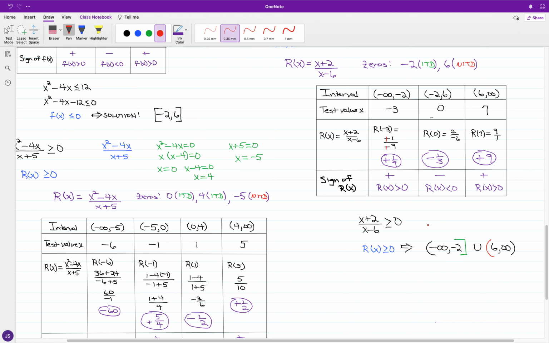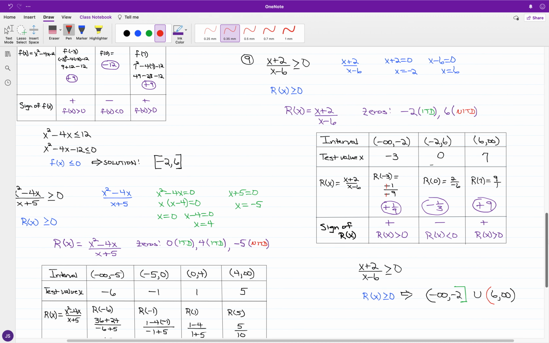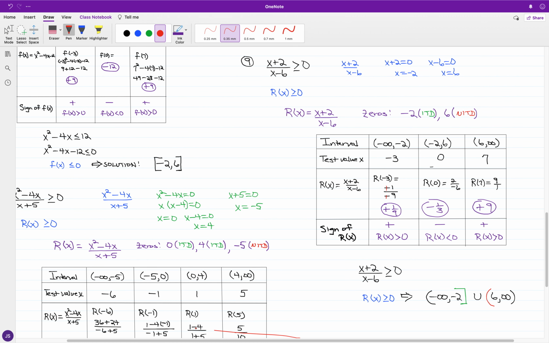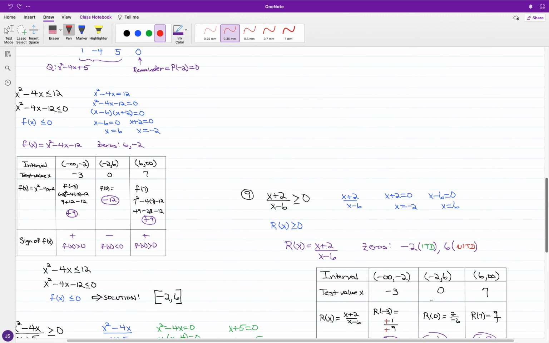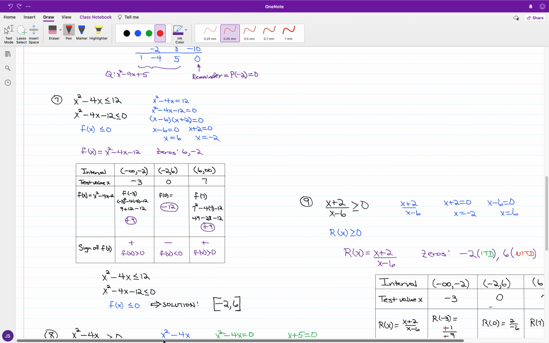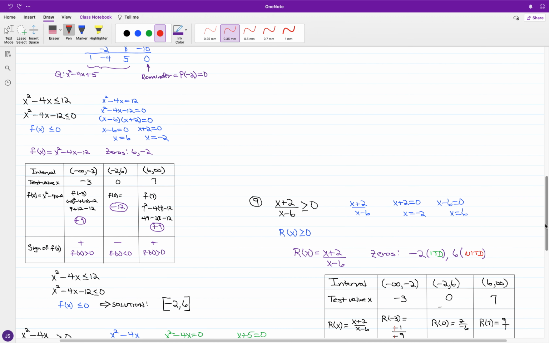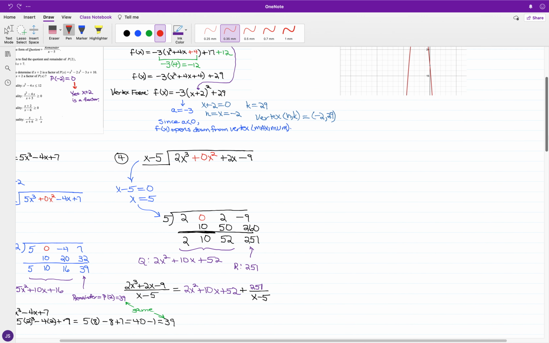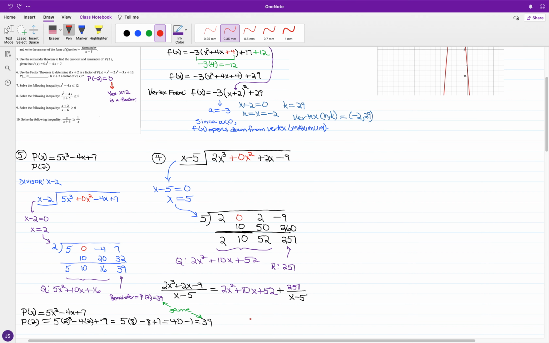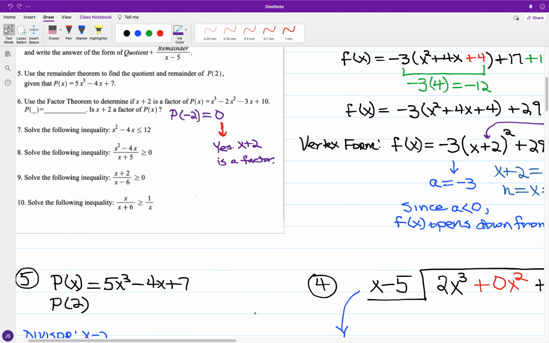And for what we have in the case of number 10, okay, and we have in this comparison inequality, okay, so now we got x over x plus 6 is greater than or equal to 1 over x.